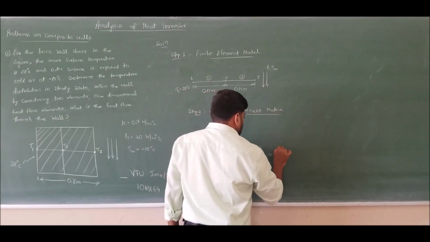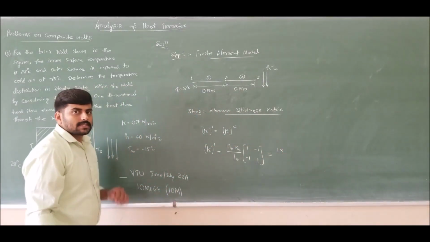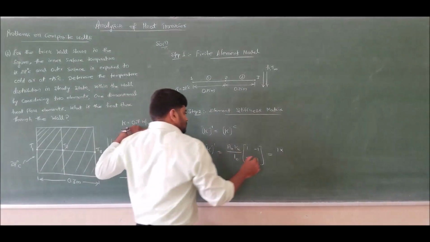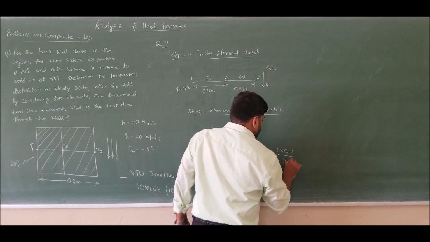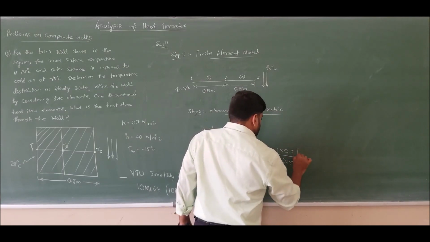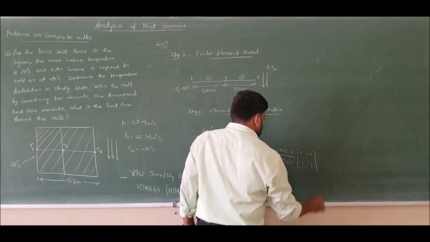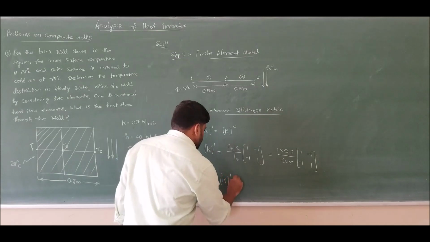Since the cross sectional area is not given, assume the cross sectional area as unity. The thermal conductivity is known to us, which is 0.7 for both the elements. The length is 0.15, multiplied by 1 minus 1 minus 1 1.